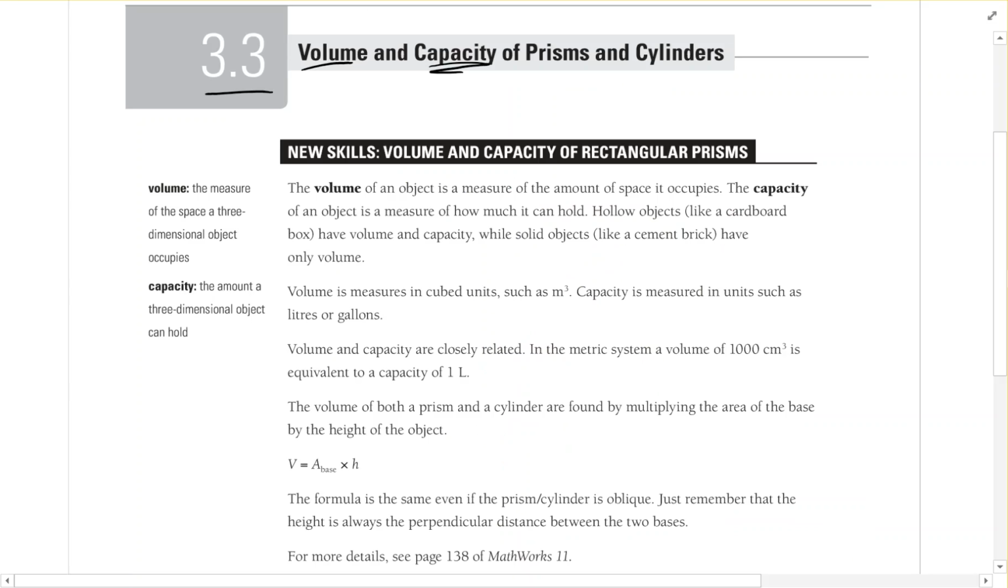Okay, so volume is a measure of the space a three-dimensional object occupies. Capacity means how much stuff can you actually put in there. And in the case of stuff, we're usually going to be talking about water. How much water can you put in there?